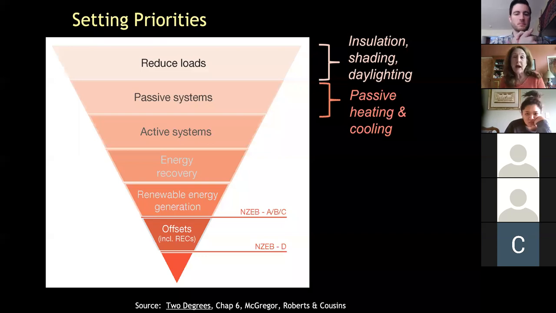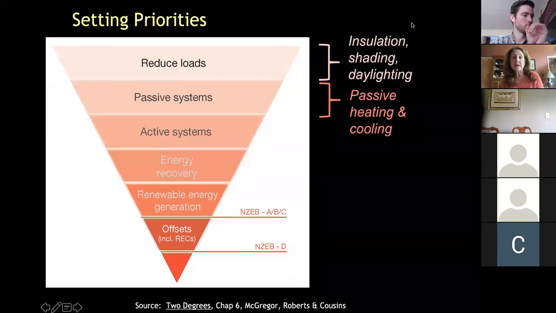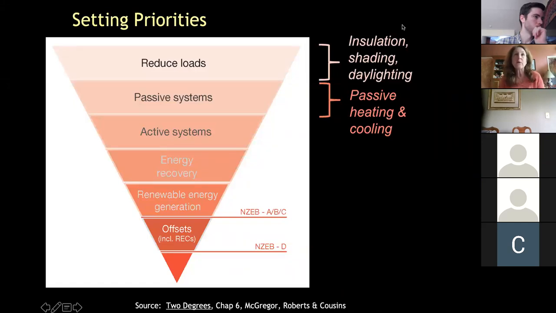We're learning now about shading and daylighting. And then we talked a little bit in the thermal mass lecture about passive solar heating. This is where you're using the sun to bring in the natural heat there. And now what we're going to be doing is talking about passive cooling. How can we naturally get rid of the heat?